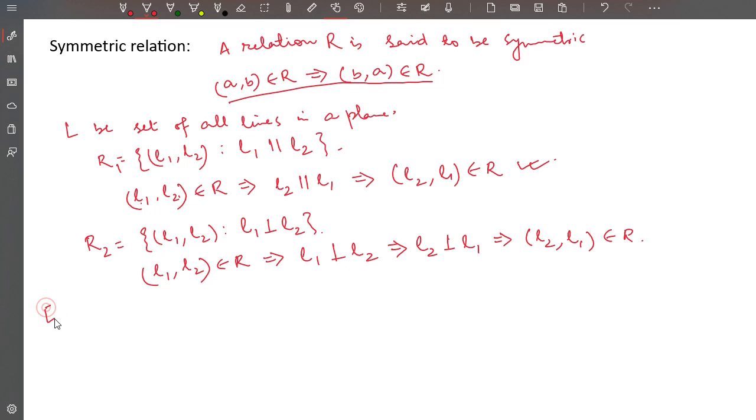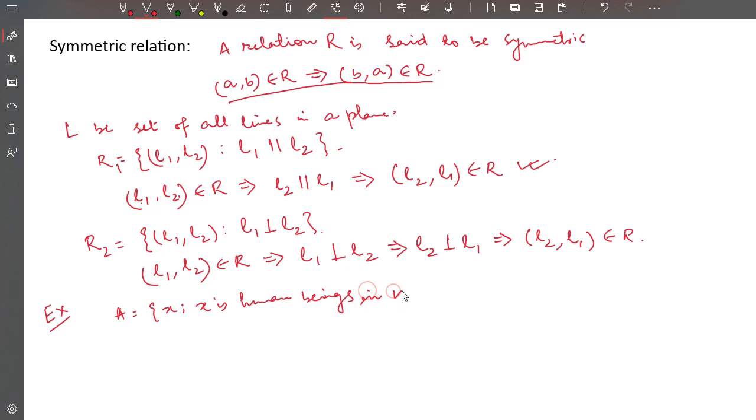We are taking one example which is not symmetric. Let A be the set of human beings in a particular city. Let us take Kolkata.